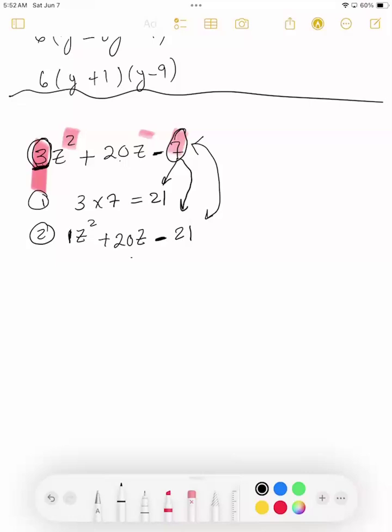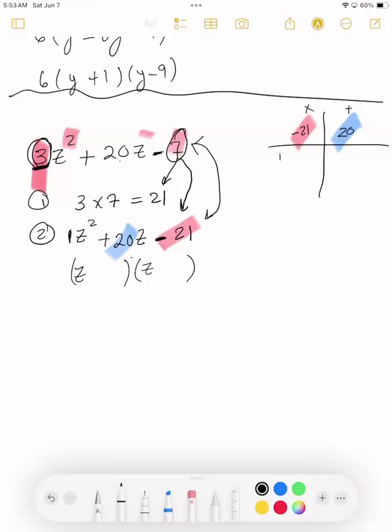So I am going to open up 2 parentheses. I look for 2 numbers that multiply to give me minus 21, and when I add, I get positive 20. So let's look for them. Negative 21, positive 20. To get 21, you could start with 1 times 21, negative 21.